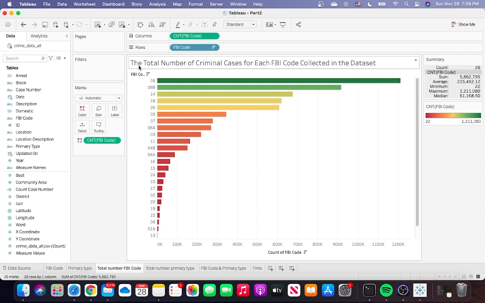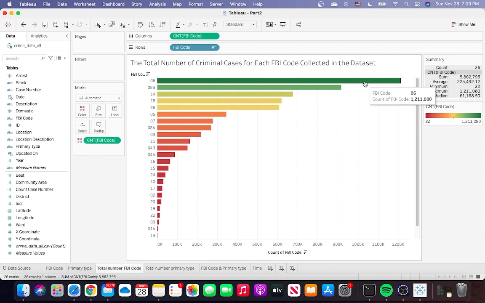Alright, after that, we would like to know the total number of criminal cases for each FBI code. This graph shows the total number of criminal cases for the 26 FBI codes. The total is almost 6 million.